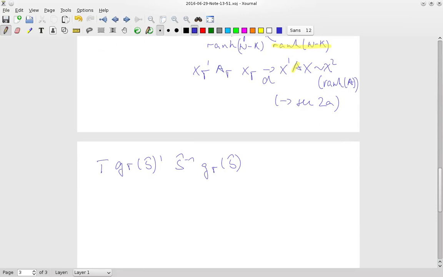You scale it by t, and the result states that this objective function multiplied by t converges in distribution to a chi-square distributed random variable, which has degrees of freedom equal to n minus k, and that is your alternative test statistic that you can use to test your moment conditions.